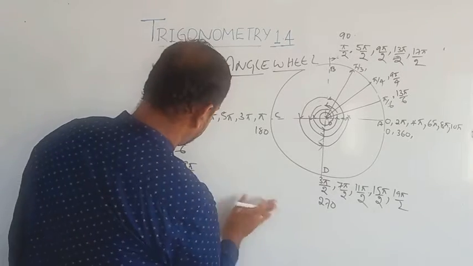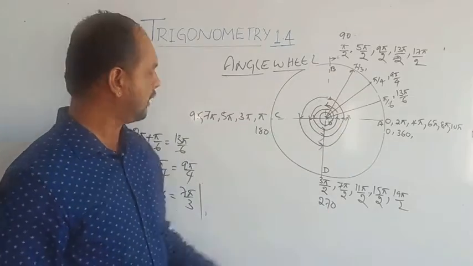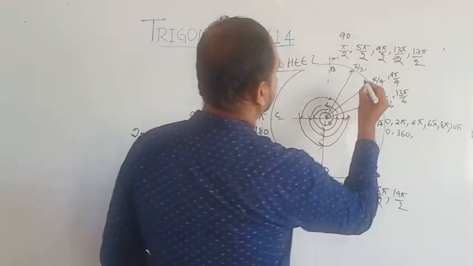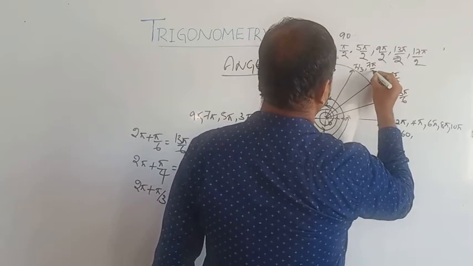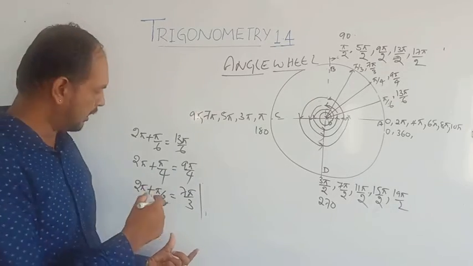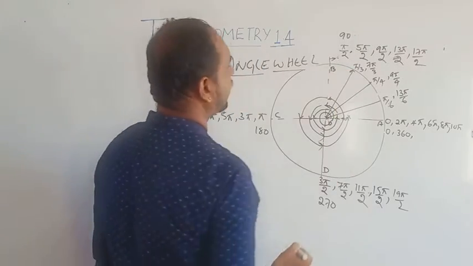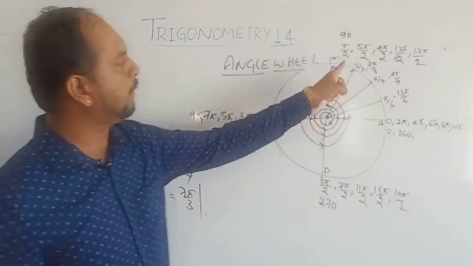Okay, only consider this. So 2 pi plus pi by 3, that will be 7 pi by 3. Okay. So this way you can calculate each angle. Okay. So now here it is pi by 2 or 5 pi by 2.